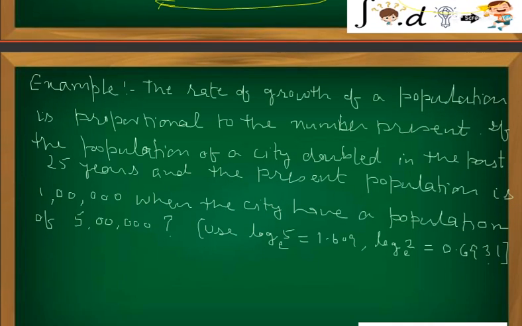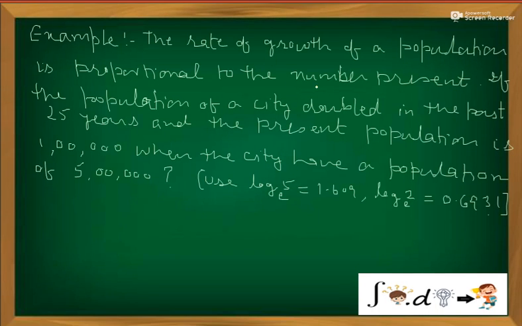2. The rate of growth of a population is proportional to the number present.